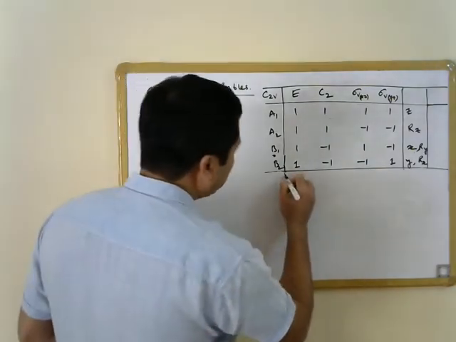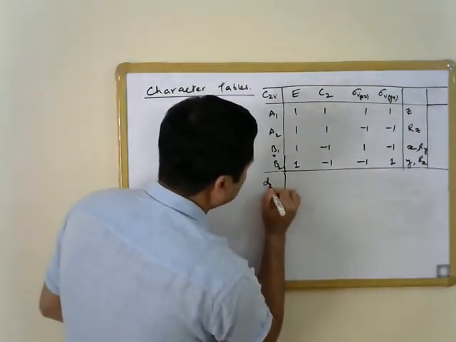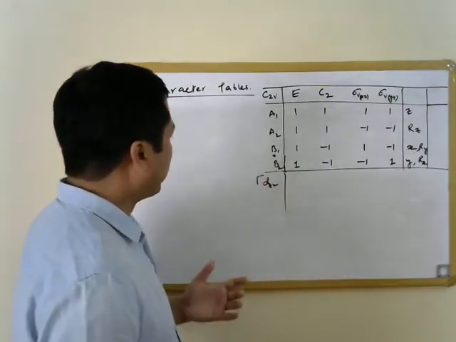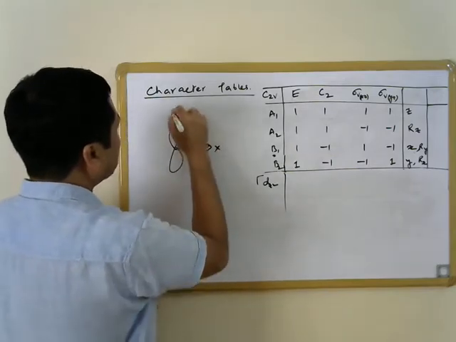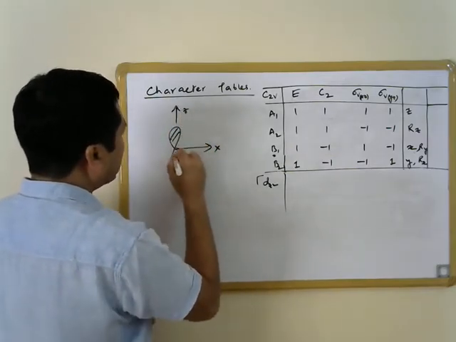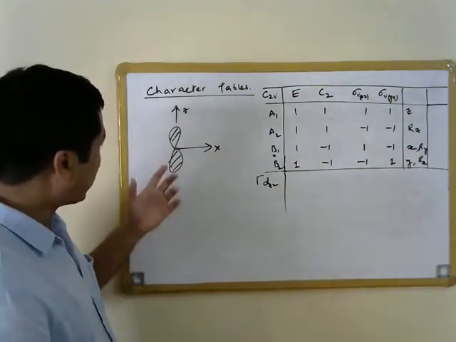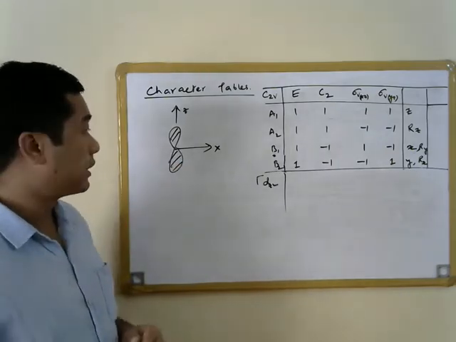So let's take the z square orbital. So gamma d z square: this is the z square orbital, this is x, this is z, and the d orbitals have gerade symmetry, that is, they have a center of inversion, and the symmetry on both lobes is essentially the same.